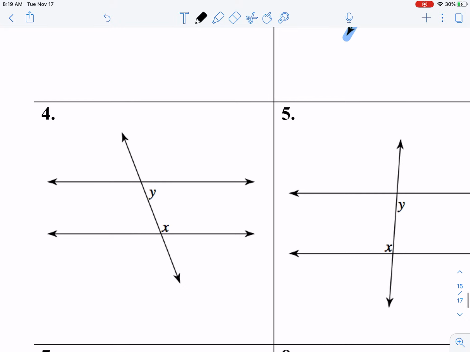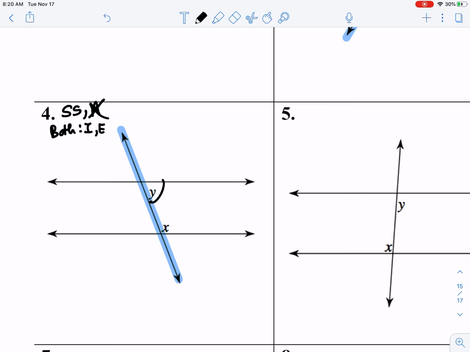4, again, same side, alternate, and are they both interior or exterior? Highlight my transversal. So they're both on the same side.